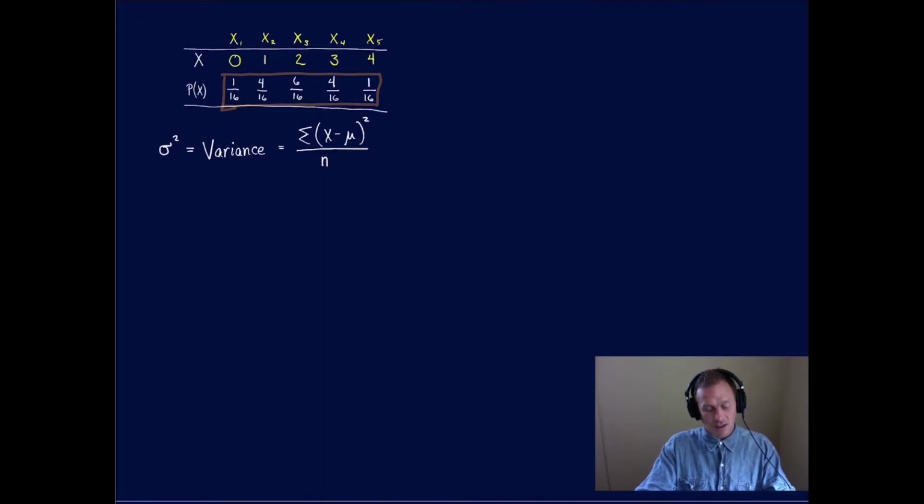So let's try that. Now, let's go back, and so this is the sum of the data minus the mean. Now, we had already figured out for this distribution, our mean is 2. Okay? And we'd also found out that the frequency for each one was this numerator here.